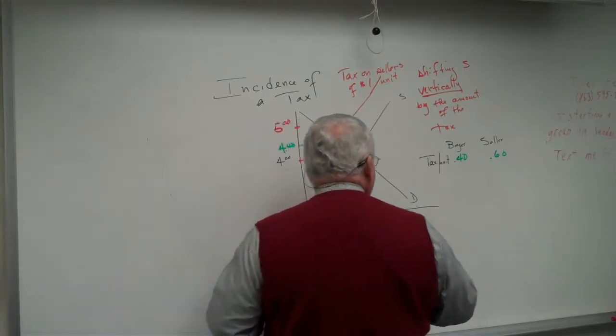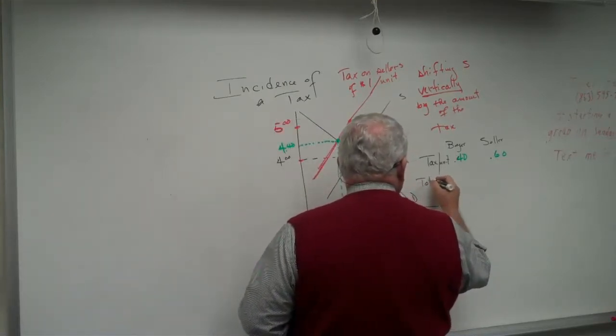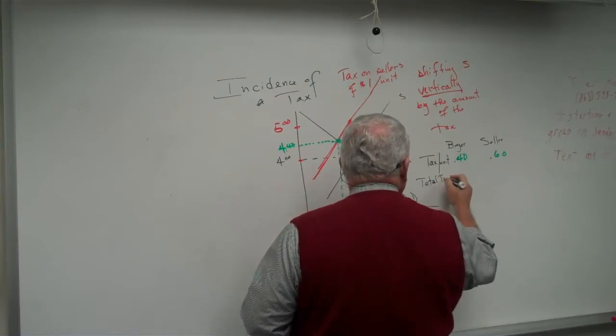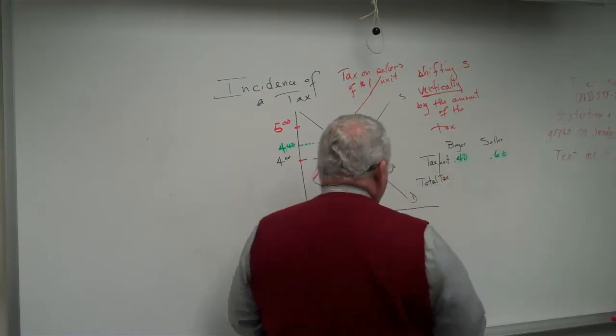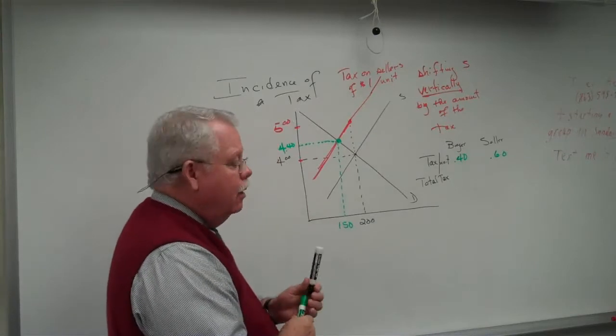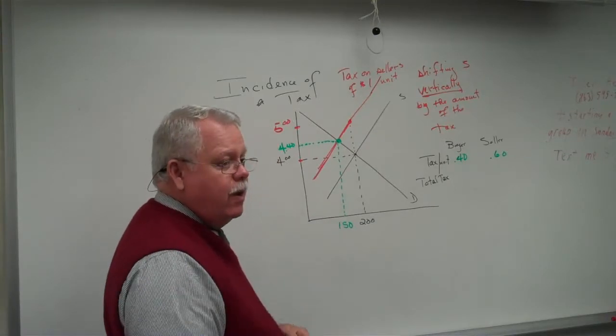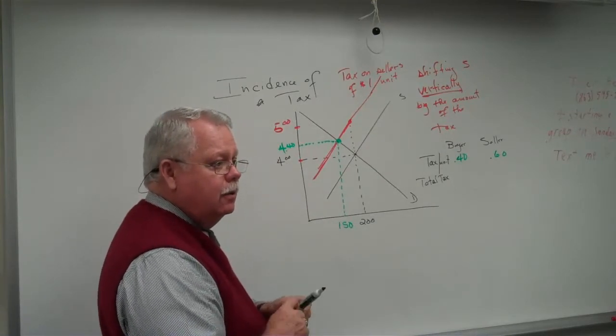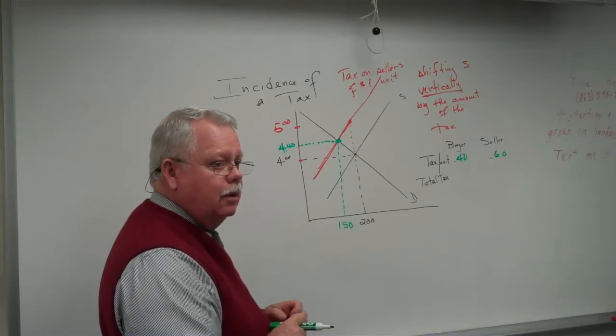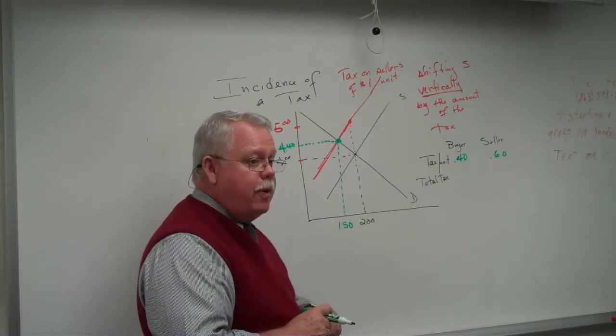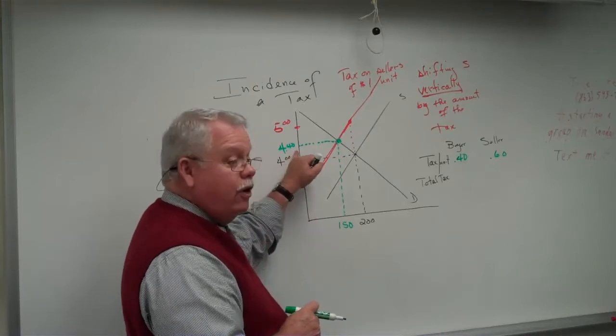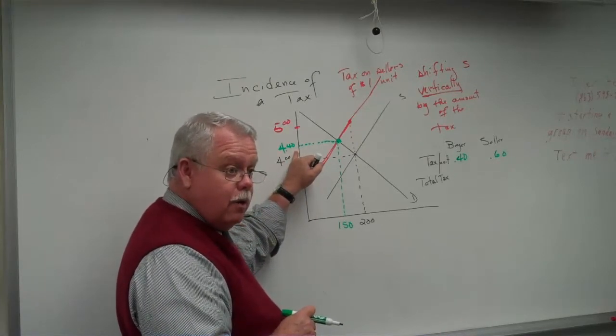Now let's ask, what is the total tax paid by the buyer and the seller? How much total tax is the buyer going to pay now? He pays 40 cents each. How much in total?